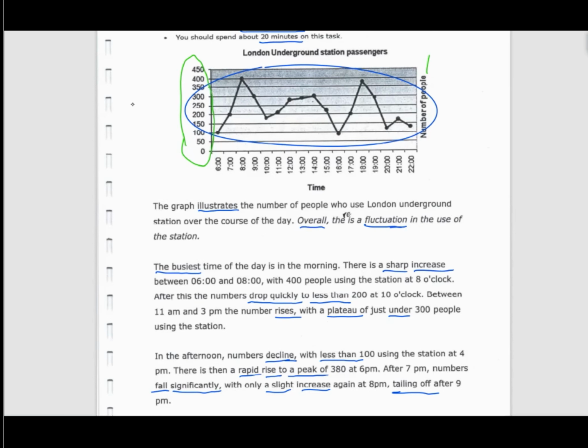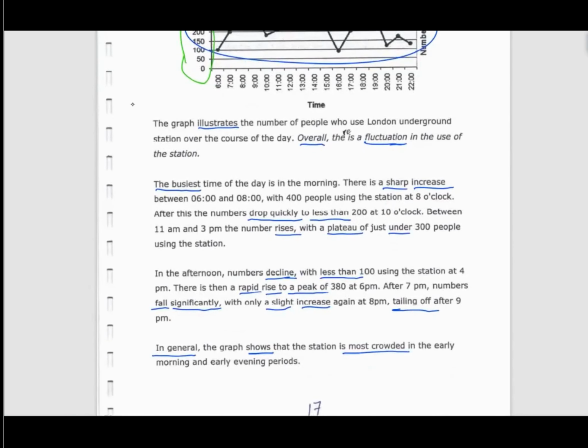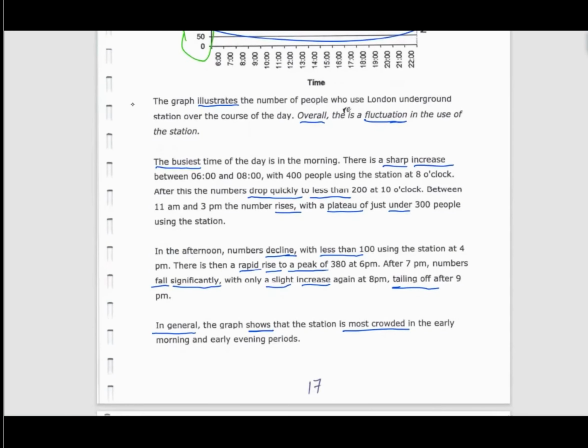We use the present simple. Okay. Yeah, it's a bit short, but you can write a longer one, longer than this. This is just an example to show you.